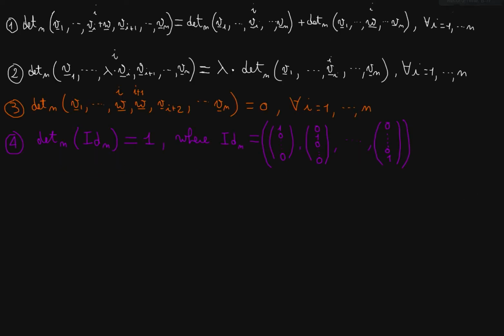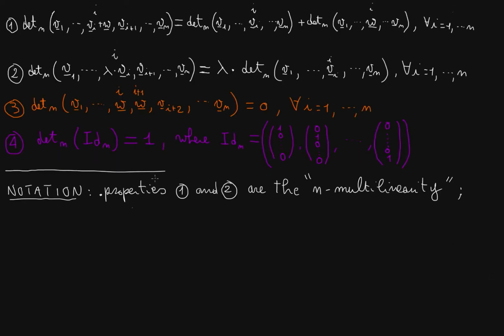Let's now give some names to these properties. Properties 1 and 2 are called the n multilinearity property of the determinant. Why is that? Linearity in general, as we will see in the next lectures of the course, regards the behavior of a function with respect to the vector space structures, so summation of vectors and multiplication of vectors by scalars.